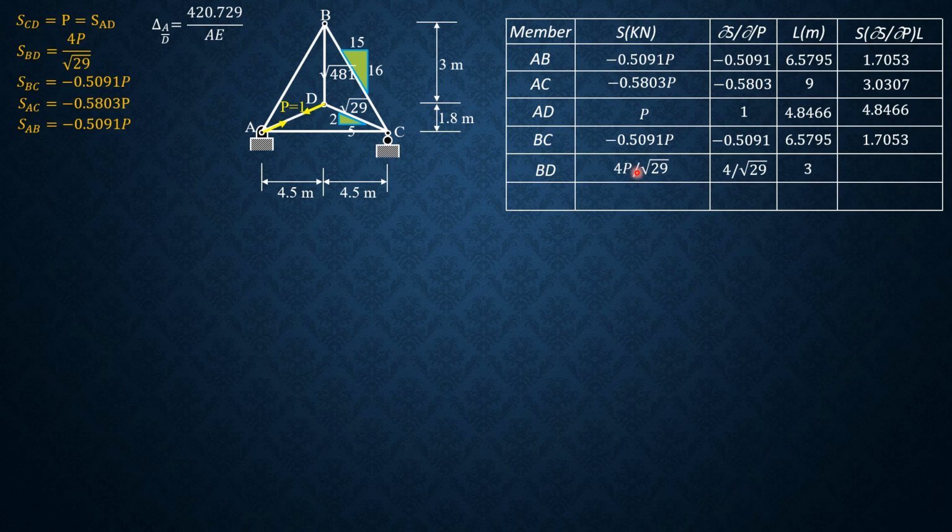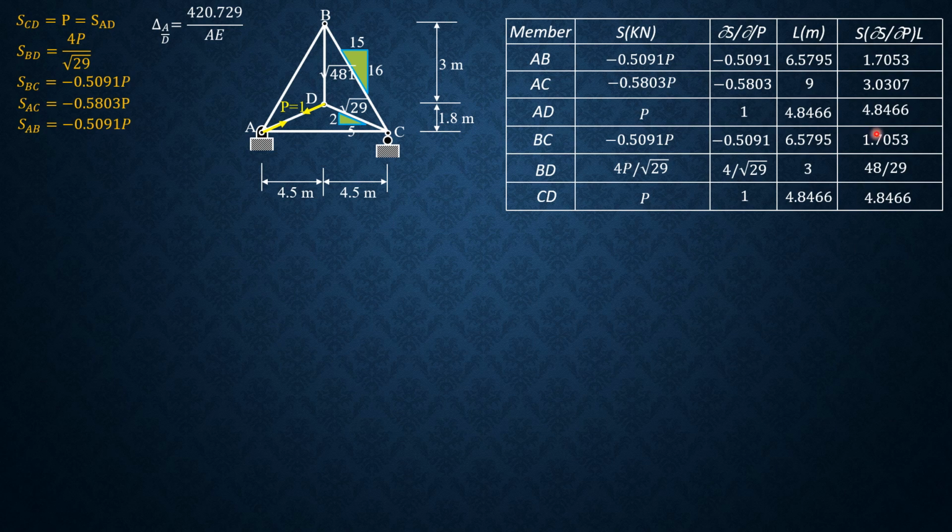Product after setting P equal to 1 is 48 over 29. Then lastly, CD is equal to P here. So derivative 1, length 4.8466, set P to 1, so 4.8466.